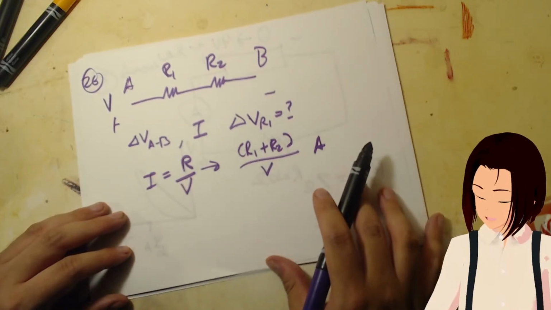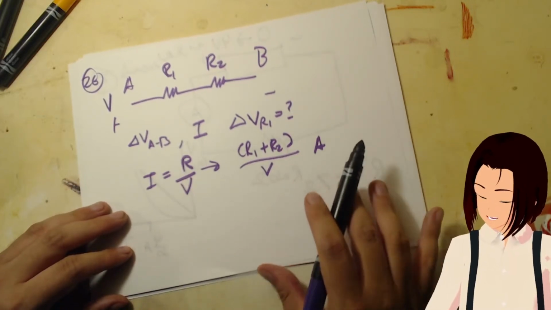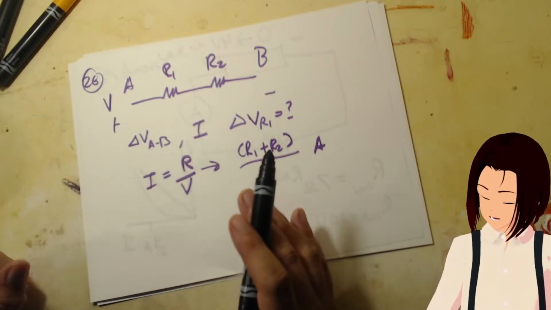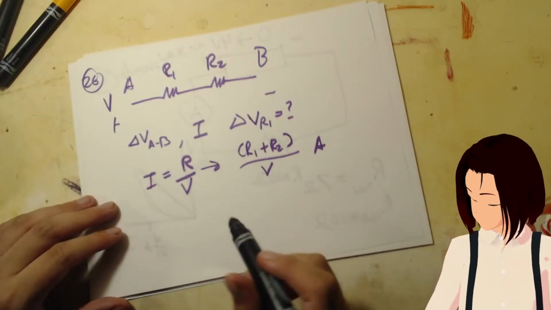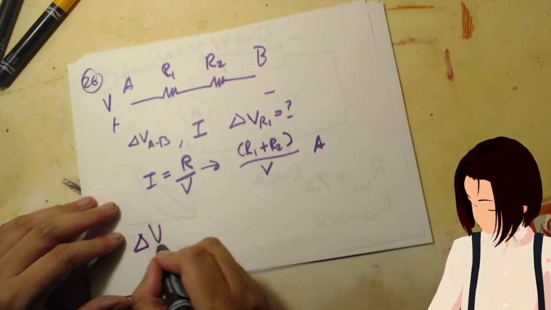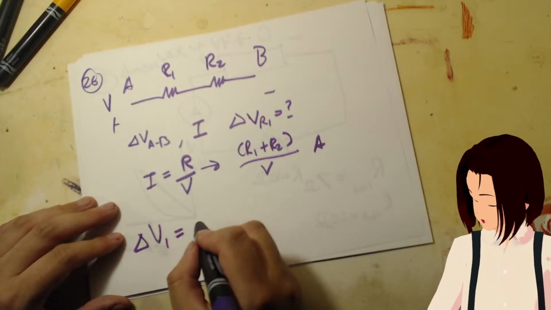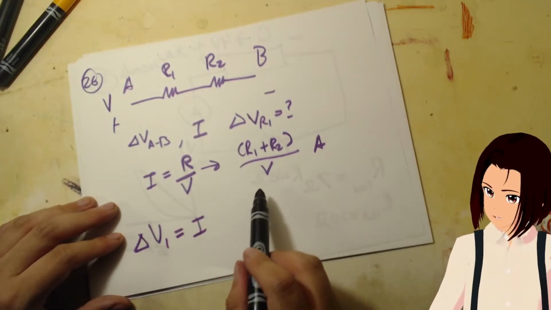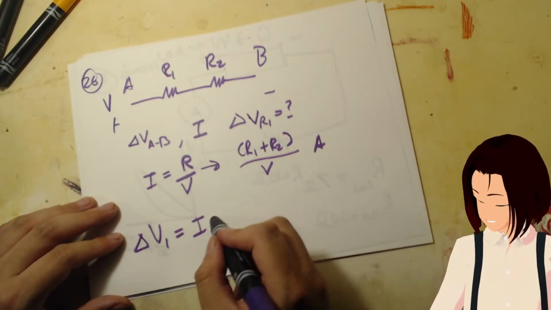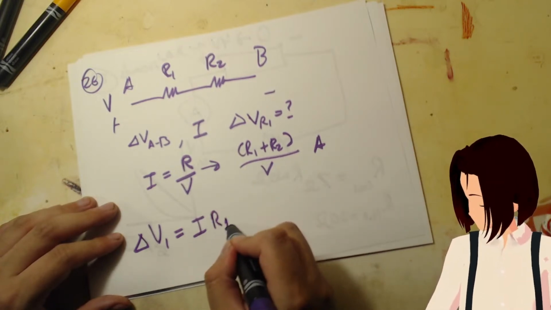If you apply Ohm's law to resistor 1, the potential difference for resistor 1 is just the current, which we know because we have it right here, times R1.